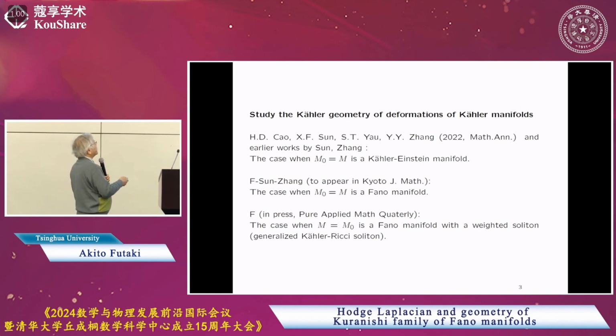And then I tried to generalize this result in some cases for Fano manifolds with Xiao Sun and Yi Zhang. And then I applied the result for Kähler-Einstein manifolds, deforming Kähler-Einstein metrics to weighted solitons. So this is what I want to explain today.